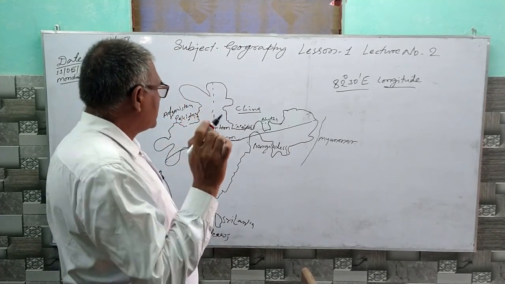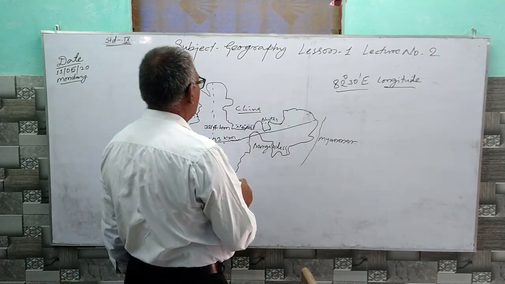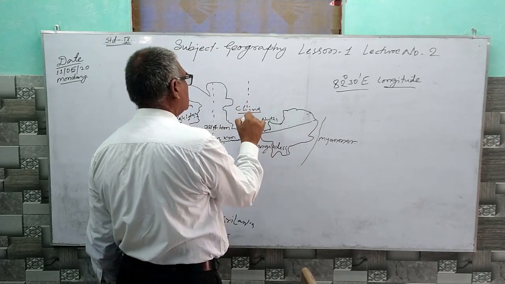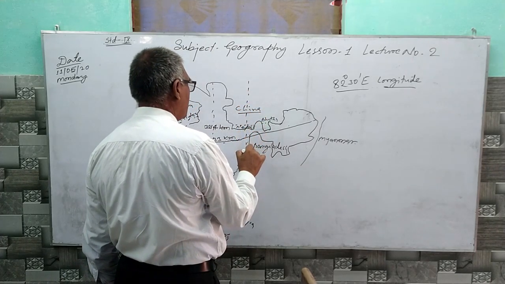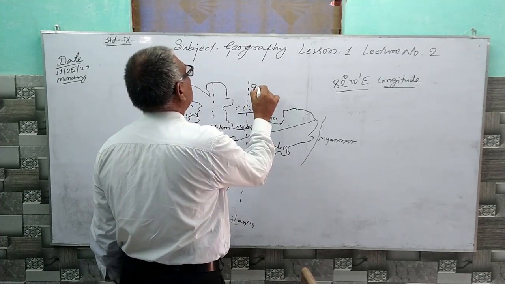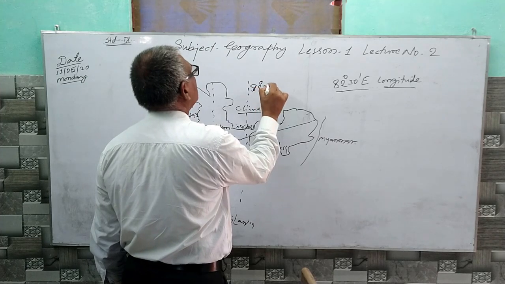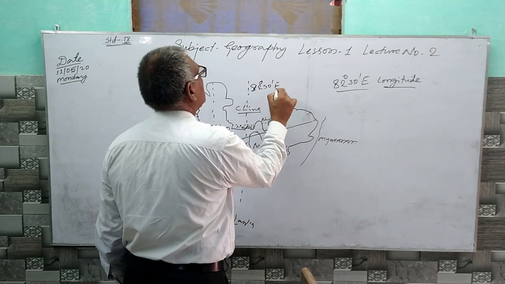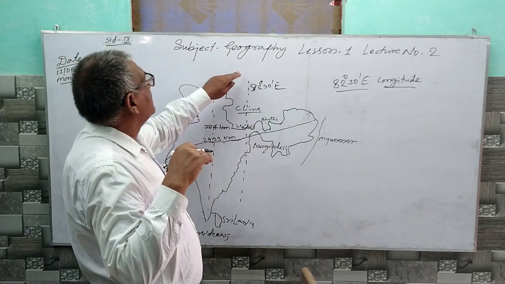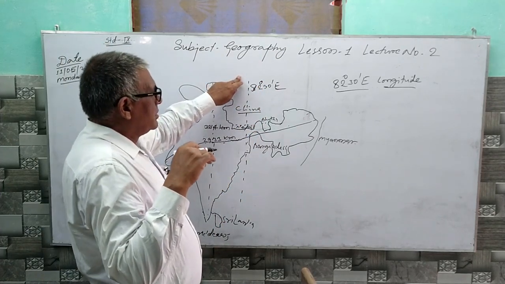This 82 degree 30 minute east is the standard meridian.